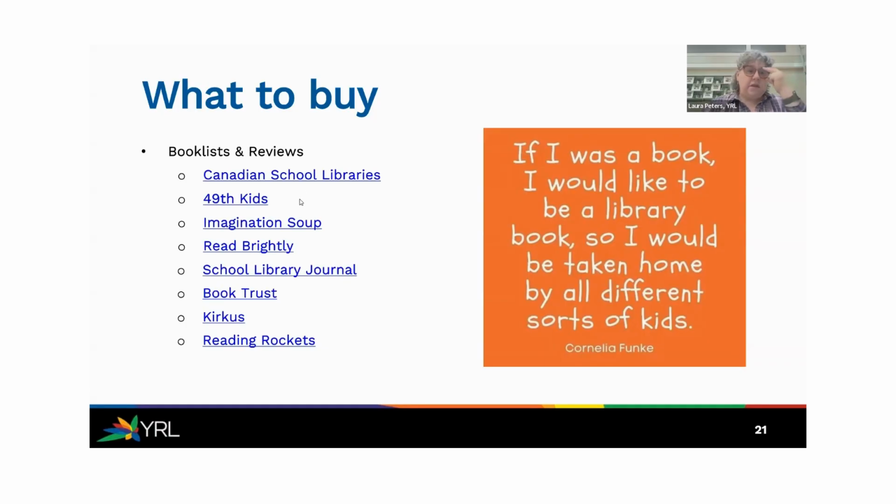49th Kids is an additional site that was created after the original site was created, which was all adult content. And they had a little bit of children's content, but they had such a huge demand for kids content that they created their own site. 49th Kids is fantastic because not only is it comprehensive and really up to date, but it's 100% Canadian.